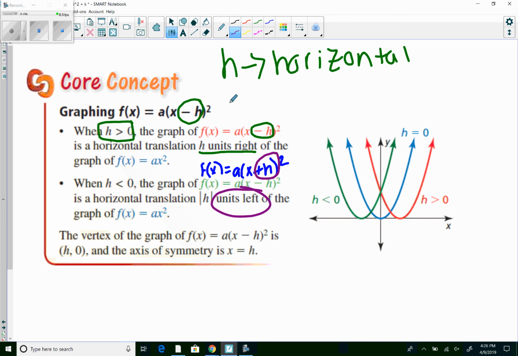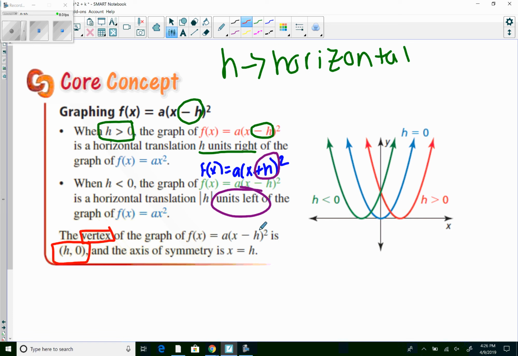Highlighters are really good things to use here. And then the last couple of things. The vertex. Your vertex is just going to be the ordered pair. Remember, vertex, ordered pair. We always write the vertex as an ordered pair.